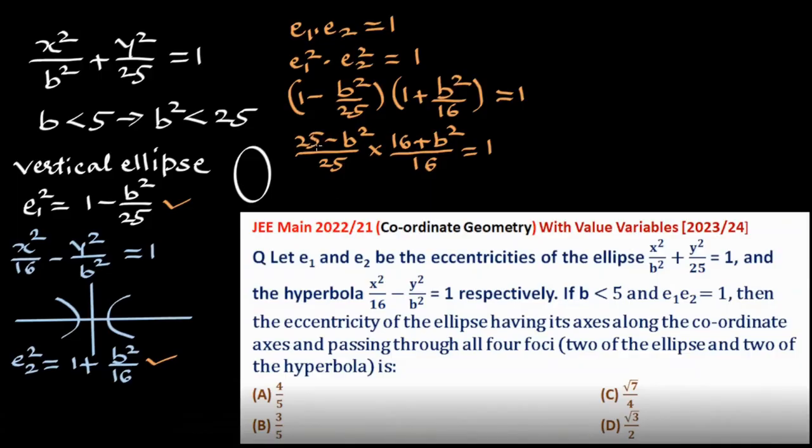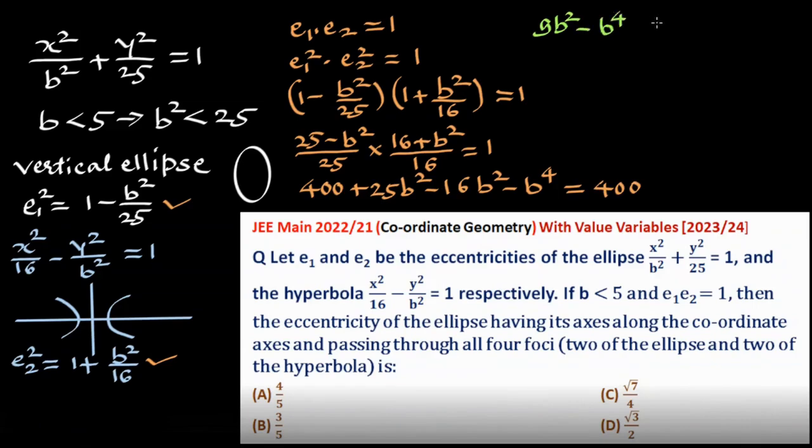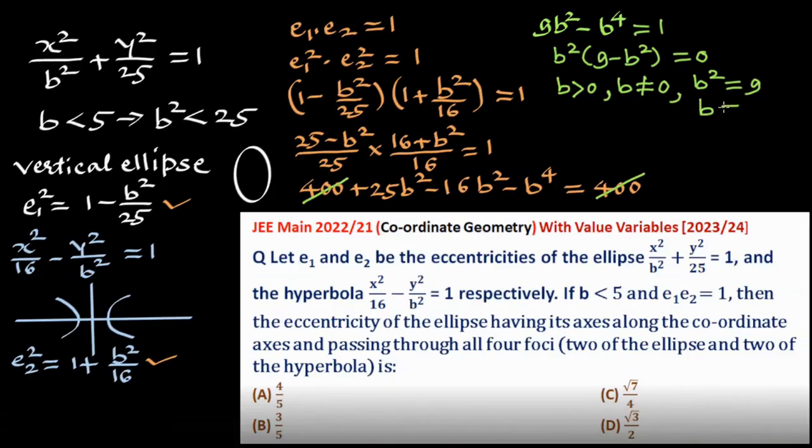This will be 25 into 16, 400, plus 25b square minus 16b square minus b power 4 equals 25 into 16, 400. 25 minus 16, 9b square minus b raised to 4, cancelling 400 equals 0. B square into 9 minus b square equals 0. Now since b is positive and not equal to 0, b square will be 9 and b is 3.